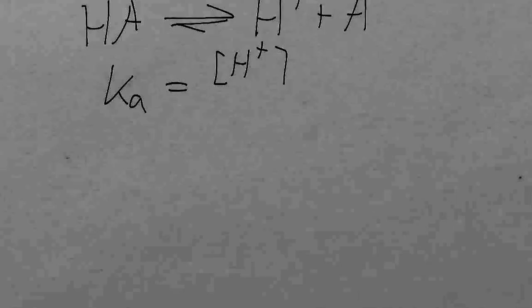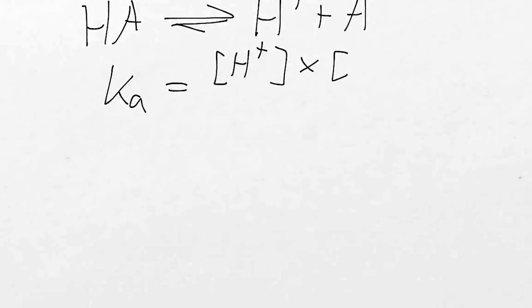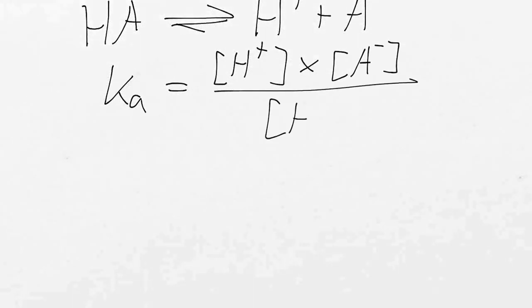We have HA dissociates into H plus A minus. And now we write down our equilibrium, Ka. We have done that before, equals H plus times A minus divided by HA.